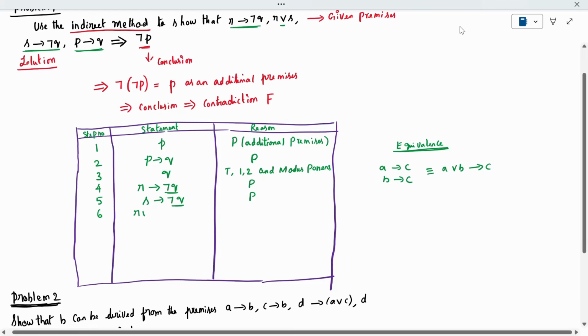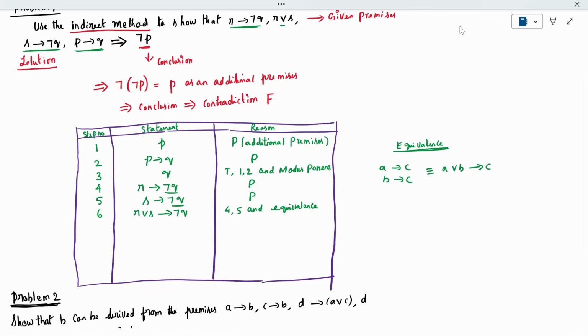So R disjunction S implies negation Q, from steps 4 and 5. It is called an equivalence. Like this, you write rough work: what is the formula of the equivalence. You write a sample of what you have applied; the exact value is not needed.